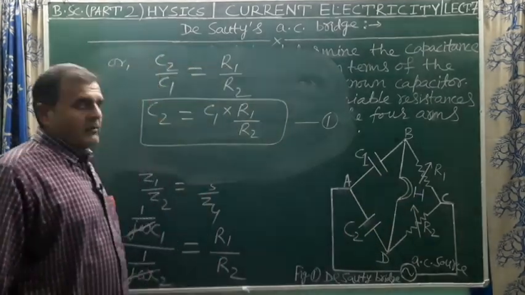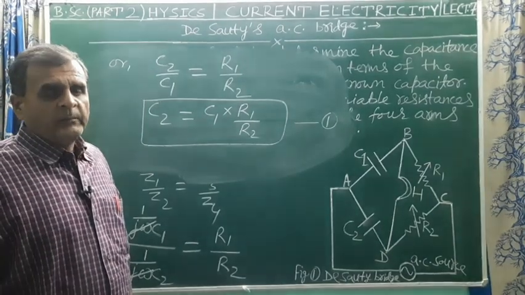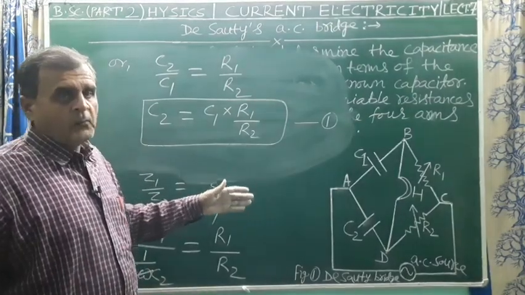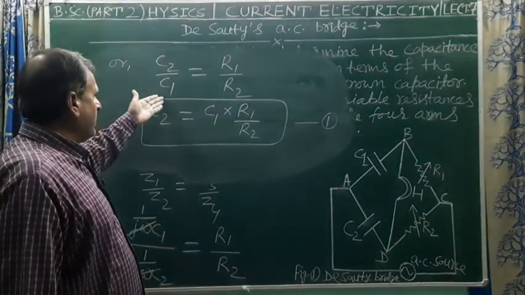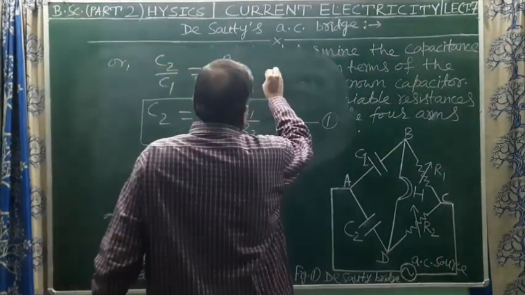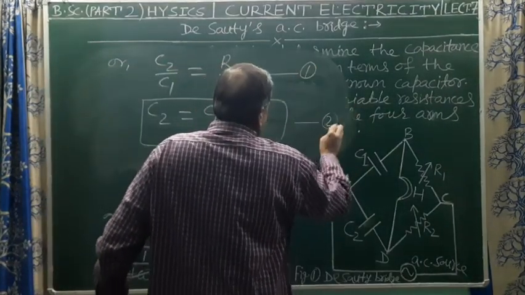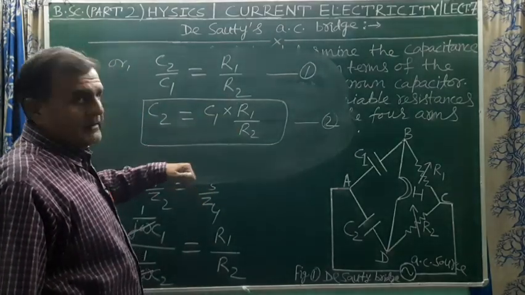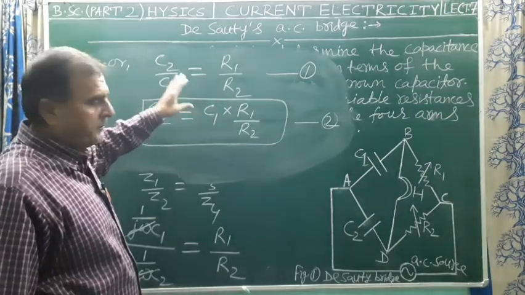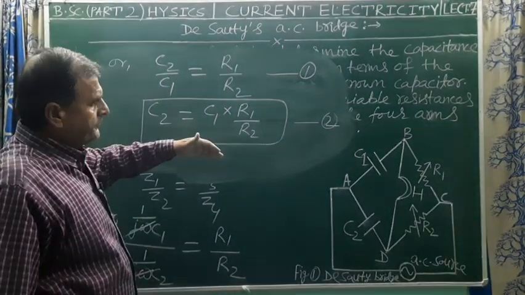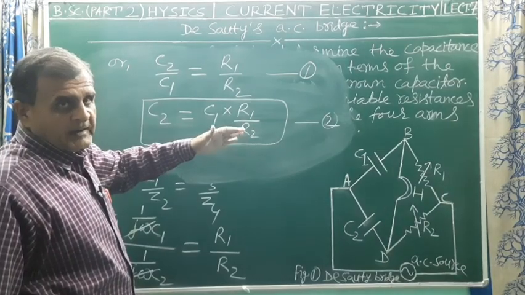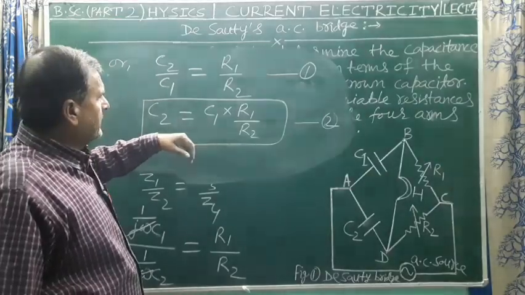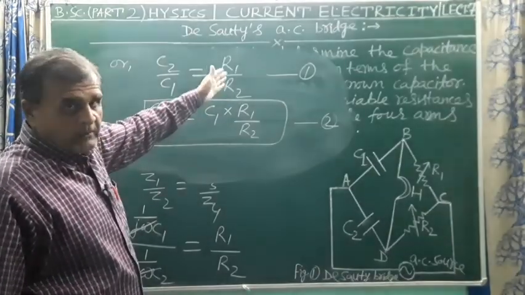The Sauty bridge is also used to compare the capacitance of two capacitors, that is, C2 by C1 is equal to R1 upon R2. Say it is equation 1, and equation 2 is C2 equals C1 multiplied by R1 upon R2. With the help of equation 1, we can compare the capacitances of two condensers, C2 by C1, which is equal to R1 by R2.